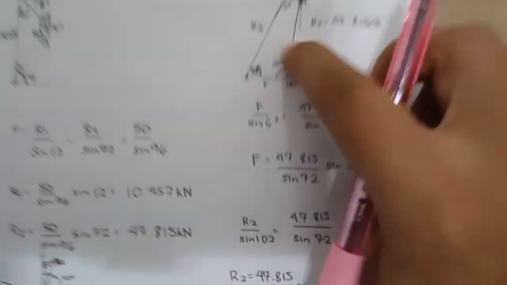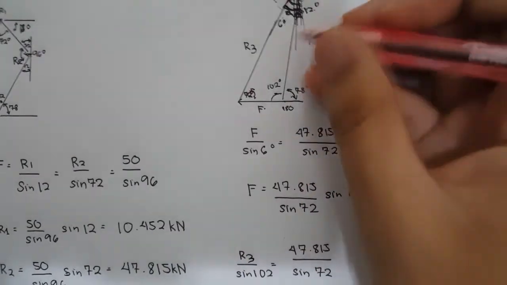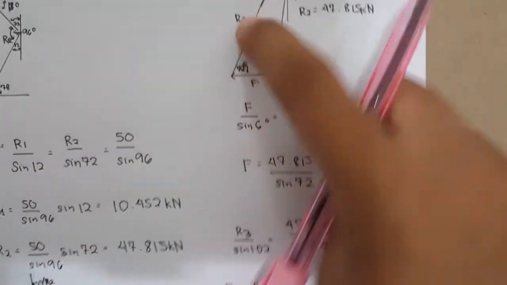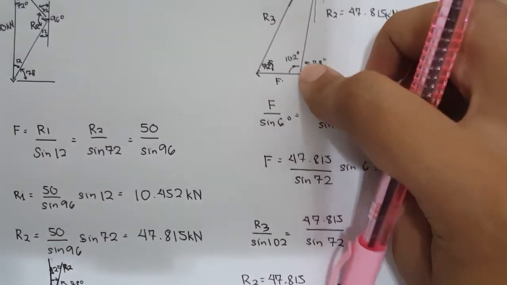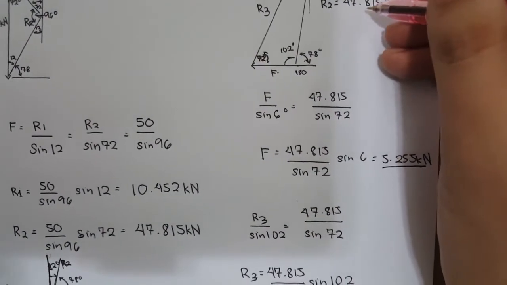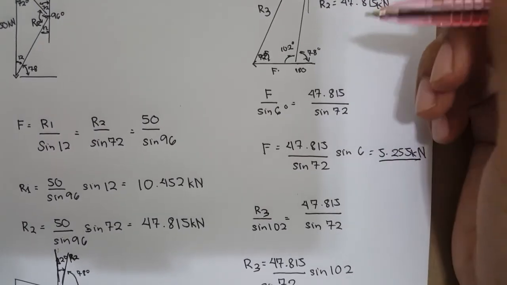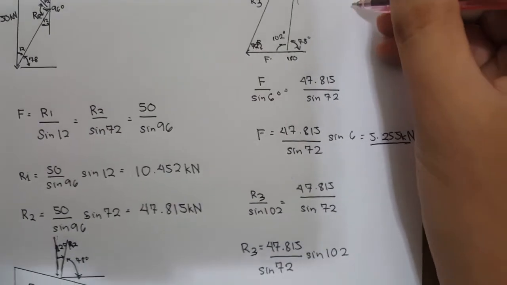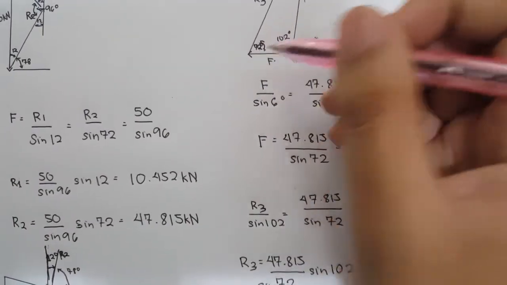So R2 right here, R2, oh no, this is R3. R3 over sine 102. It's right here, since it's opposite to each other, equals, since we already used R2 for our first value, we know both values, the values for R2 and its angle, so we'll use 47.815 over sine 72 right here, sine 72.